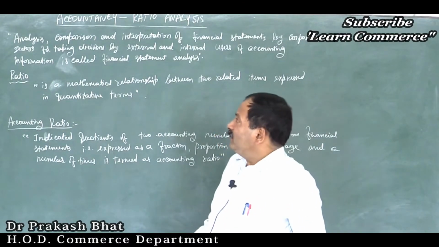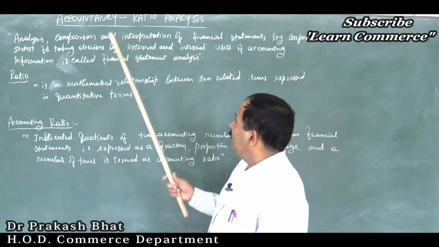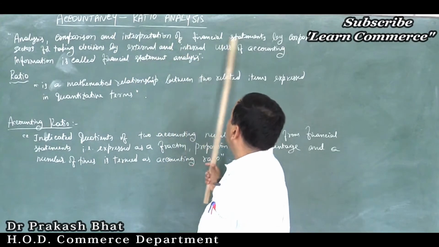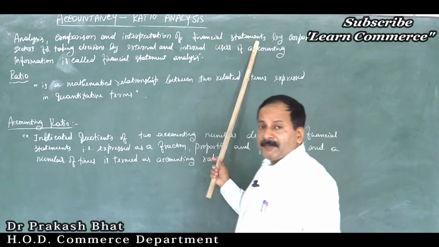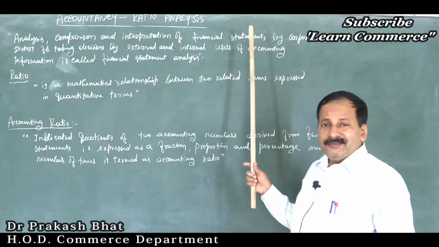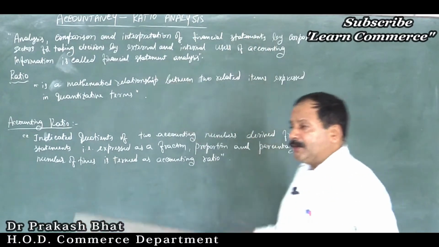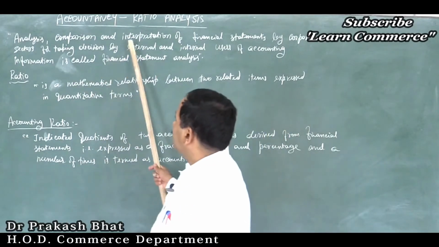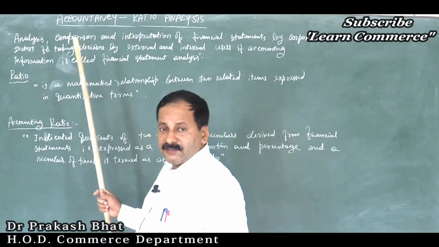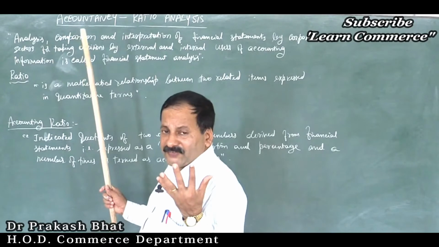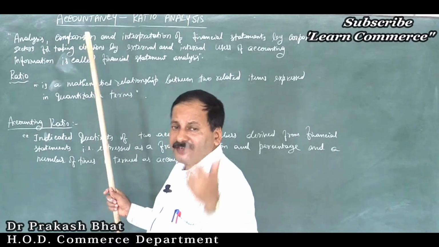In that way, we will compare the figures. Interpretation of financial statements means reducing it to smaller size. Maybe 100 or 200 pages of financial statements will be reduced to 1 or 2 pages, the important information that is required by the management to take decisions.